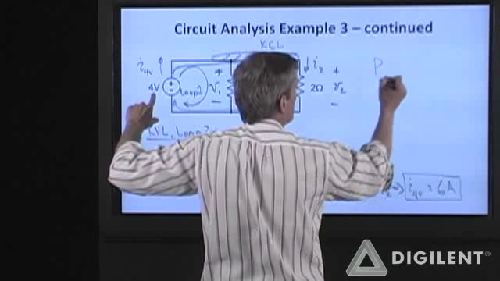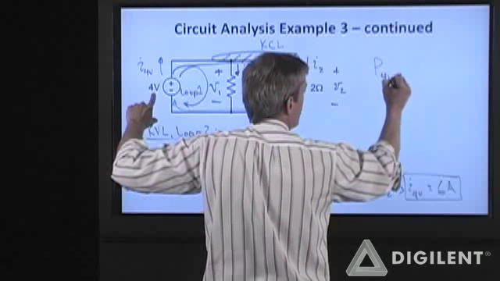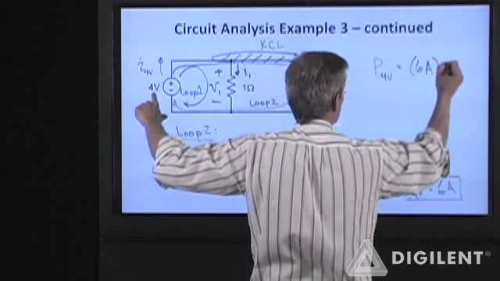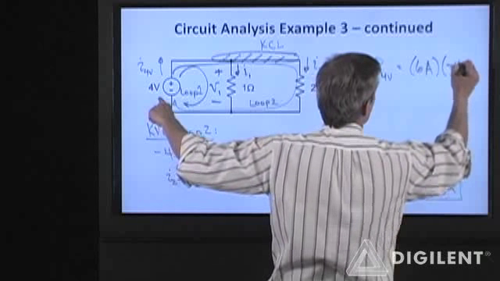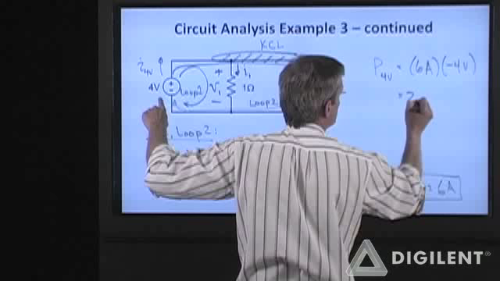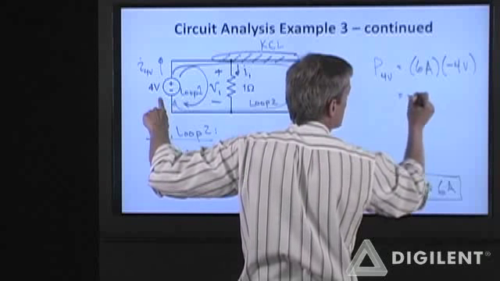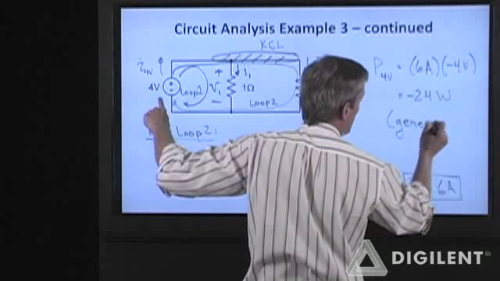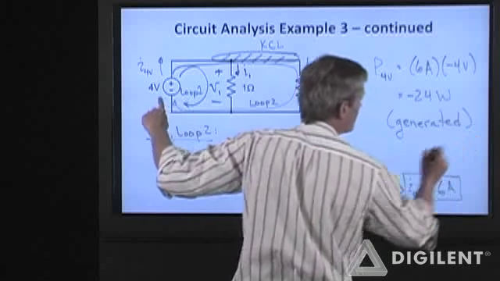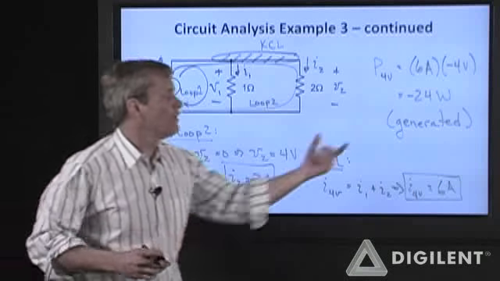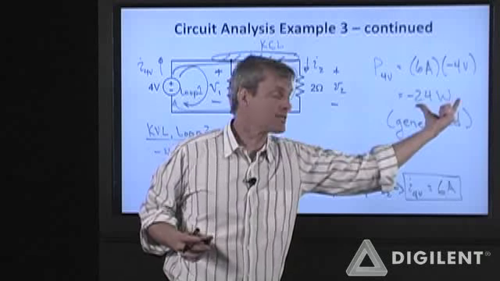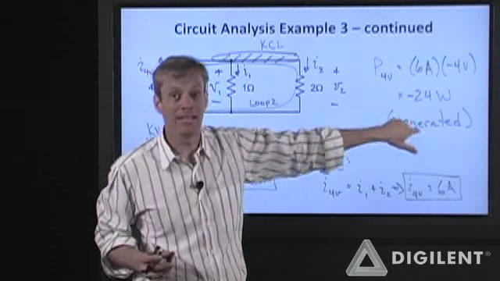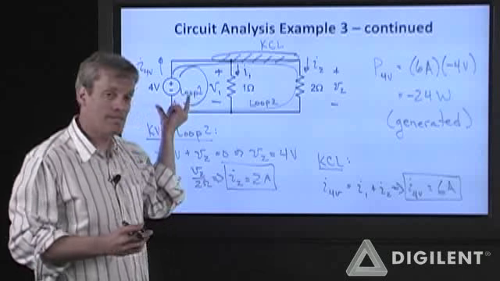So the power of the 4-volt source is just 6 amps times minus 4 volts. So that's a minus 24 watts. It is generating power. And it's okay with me if you want to list this as a negative 24 watts, or if you want to say that this is a positive 24 watts generated. Either of those will tell me what this guy is doing.